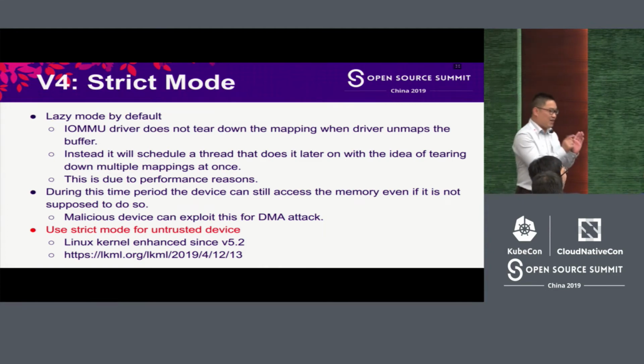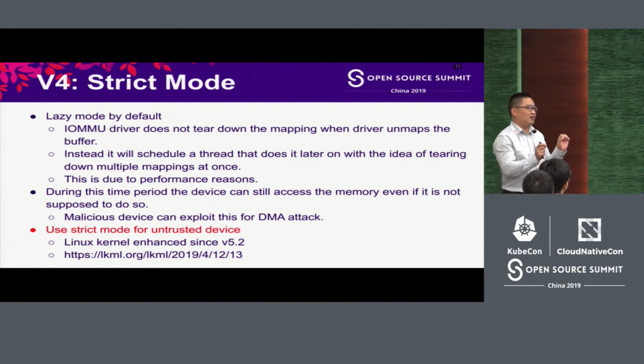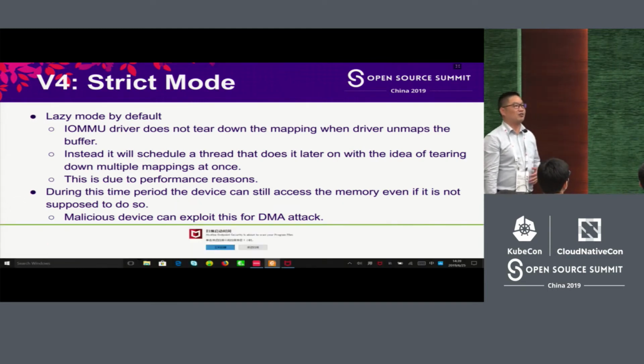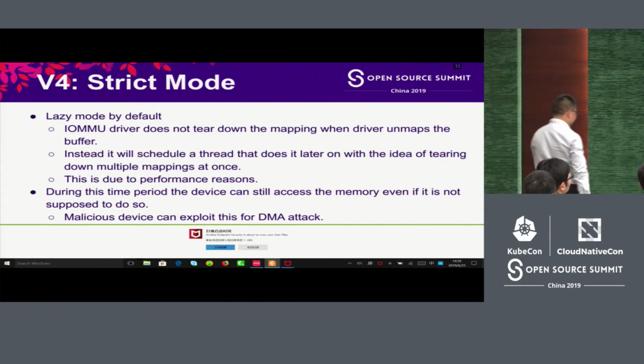So there's one issue. That means in a very long window, your device can still have access to the memory location, and this location probably has been transferred to another device by the kernel, and here is a potential security threat.